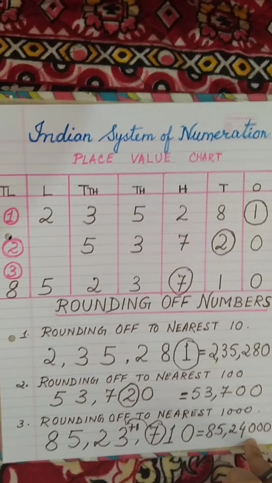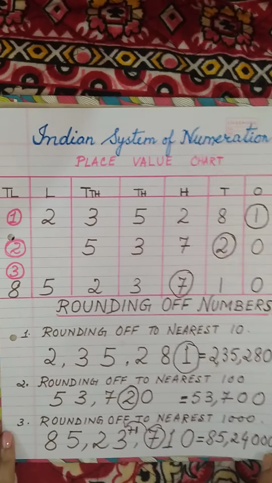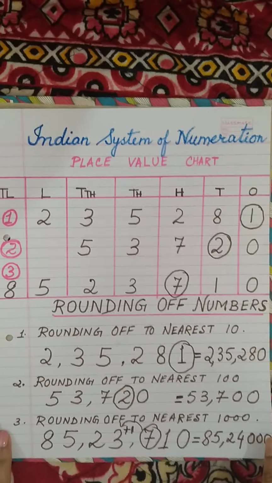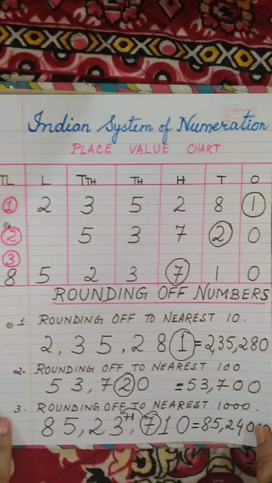I hope you have been able to understand how we estimate or round off numbers. Let us revise once again with the points to remember when we round off numbers.